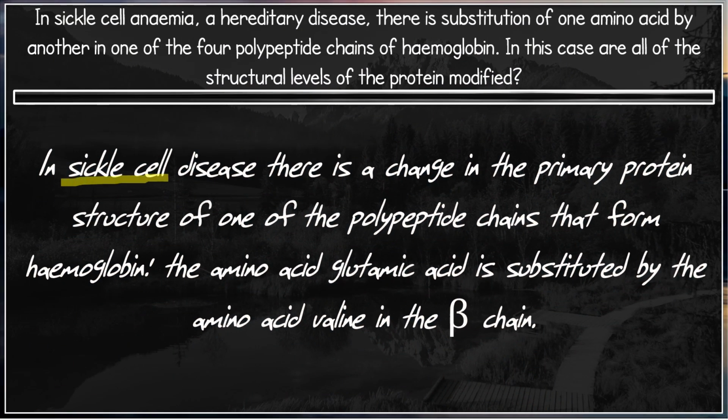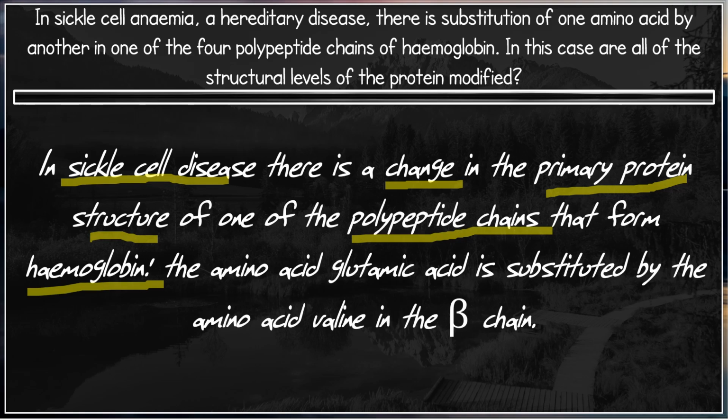In sickle cell disease, there is a change in the primary protein structure of one polypeptide chain that forms hemoglobin. The amino acid glutamic acid is substituted by the amino acid valine in the beta chain.